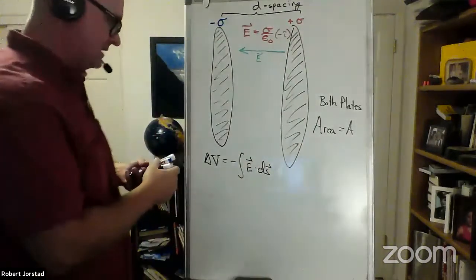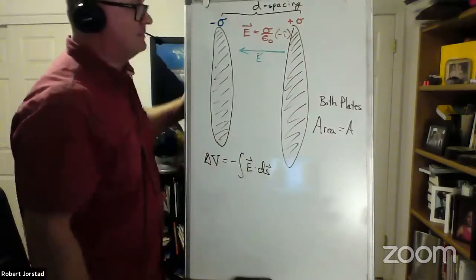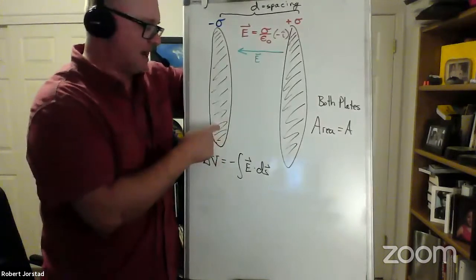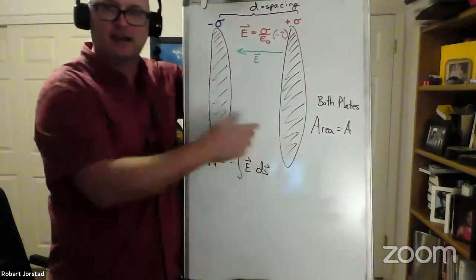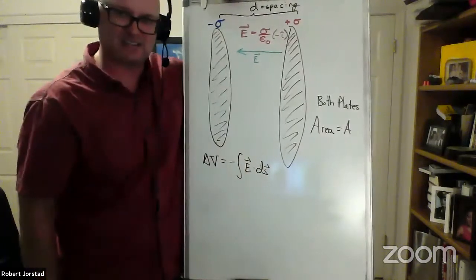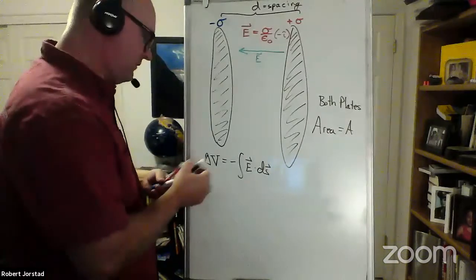Why would I choose to go from the negative to the positive? Well, I just know from experience, this is what I like to think. If I go from a negative plate to a positive plate, I expect to go up in voltage, which means I expect all my minus signs to cancel out. So hopefully this makes sense.